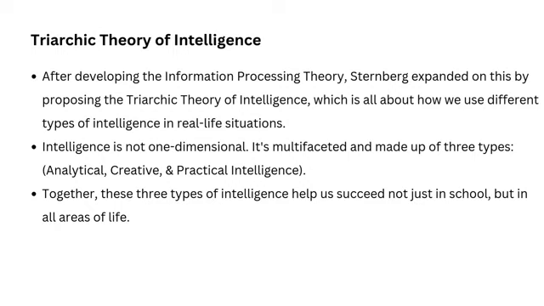And the triarchic theory tells us that we solve problems in different ways depending on the types of intelligence we are using. So do not get confused anymore. They are two different theories but are connected and focused on different aspects of how we think.